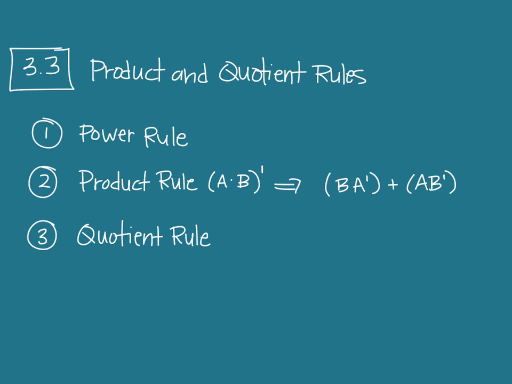So that is called the product rule. It's two separate products added together, proved with Newton, proved with Leibniz, but that's the product rule.